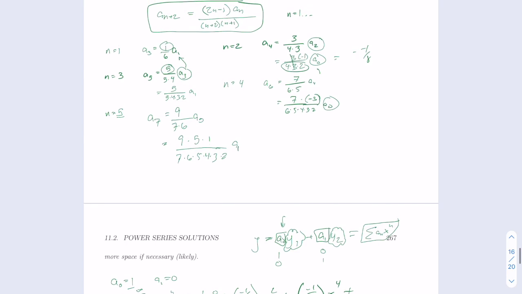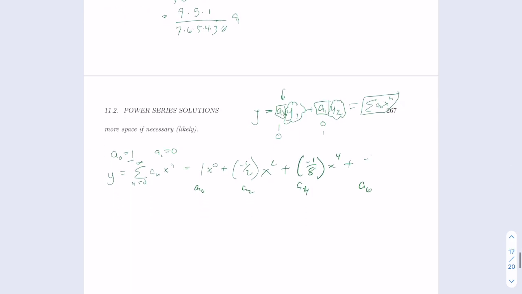We'll just do one more here. A6 is going to have this one, and we can do a little bit of canceling here. The 3's cancel, and I get, oh, that's kind of yucky. Negative 7 over, can I multiply that number that big? 240. Actually, I can. How about that? So negative 7 over 240, x to the 6th, yada, yada, yada.